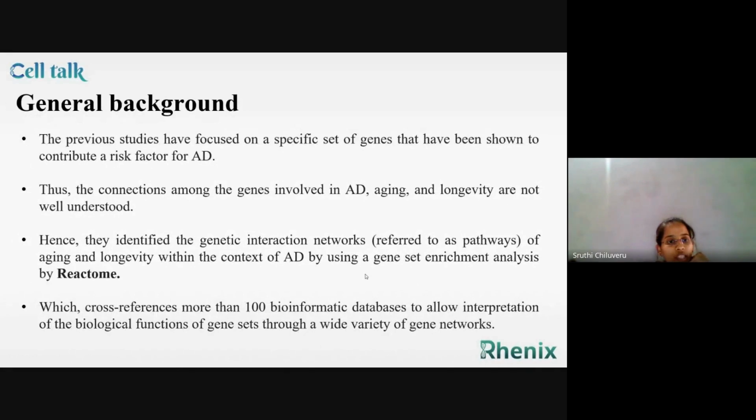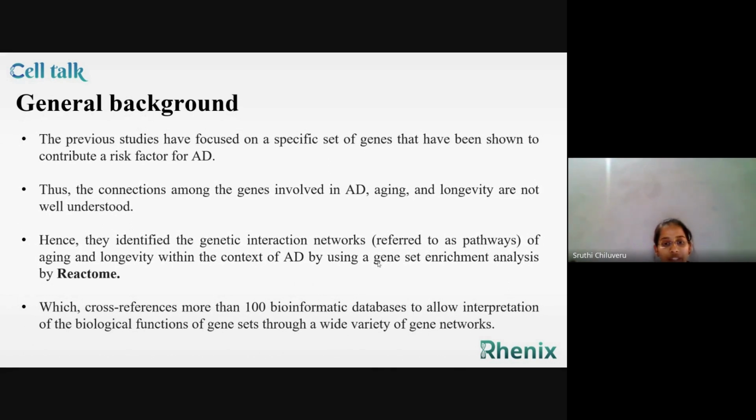When it comes to the general background, previous studies focused on a specific set of genes that have been shown to contribute as risk factors for Alzheimer's disease. Thus, the connections among the genes involved in Alzheimer's disease, aging, and longevity were not well understood.